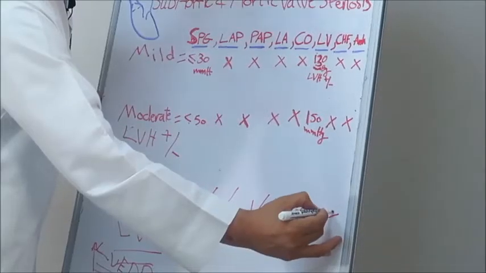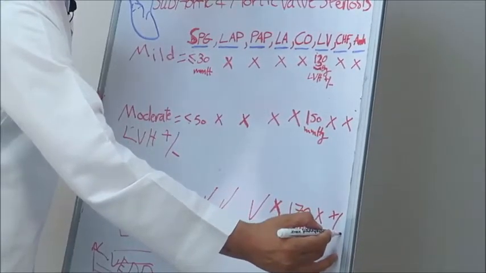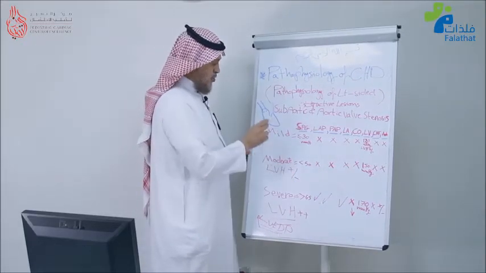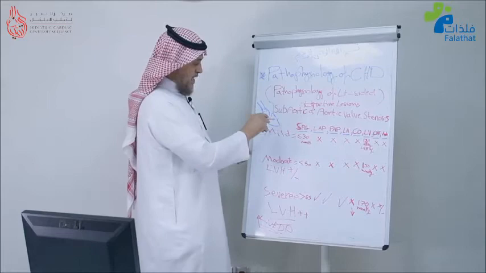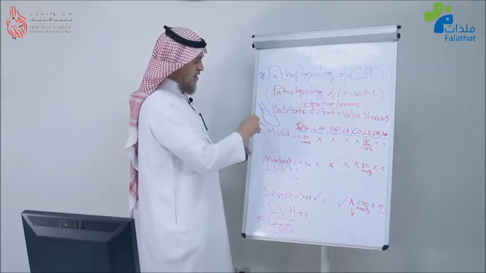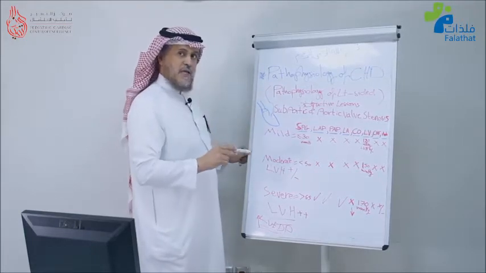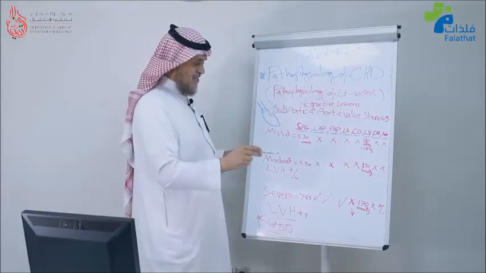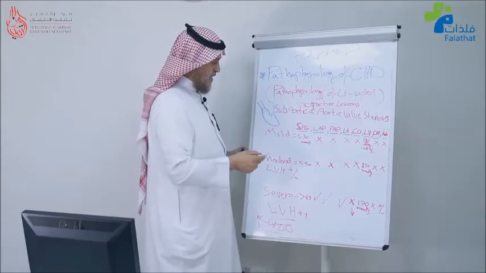Arrhythmias are a plus minus because here we do have left atrial enlargement, we do have left ventricular hypertrophy, and we have an EDP which is high, and we may have a low cardiac output at exercise.